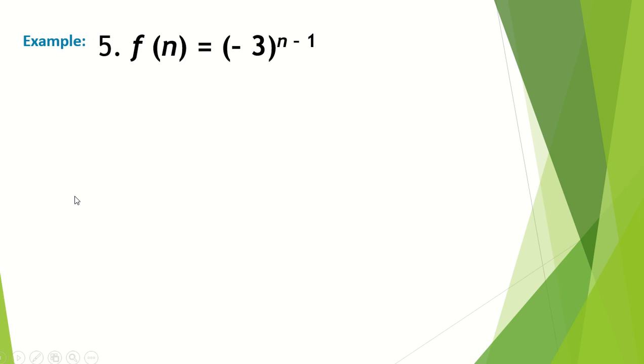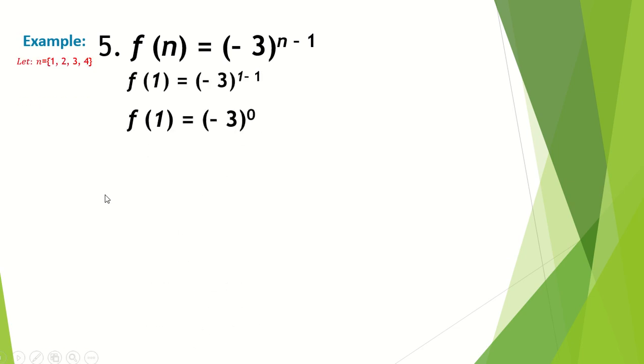Okay, example number 5. f of n is equal to negative 3, the quantity of negative 3 raised to the quantity of n minus 1. Replace n with 1 to get the first term. So f of 1 is equal to the quantity of negative 3 raised to 0.